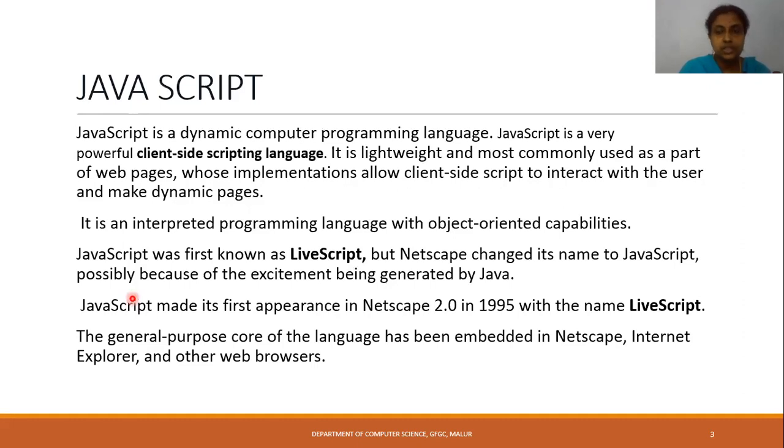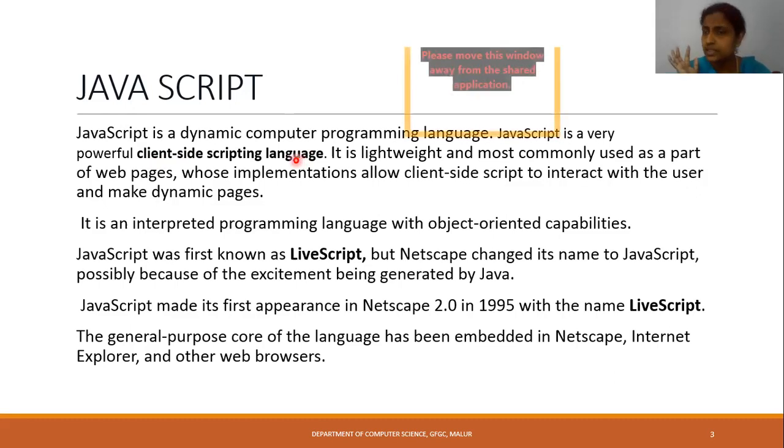So what we will discuss is what scripting languages are. JavaScript is a dynamic computer application language. JavaScript is a very powerful client-side scripting language. So here JavaScript is more towards the client side. As I told, the server side can also check, but here the focus is on client-side scripting languages.